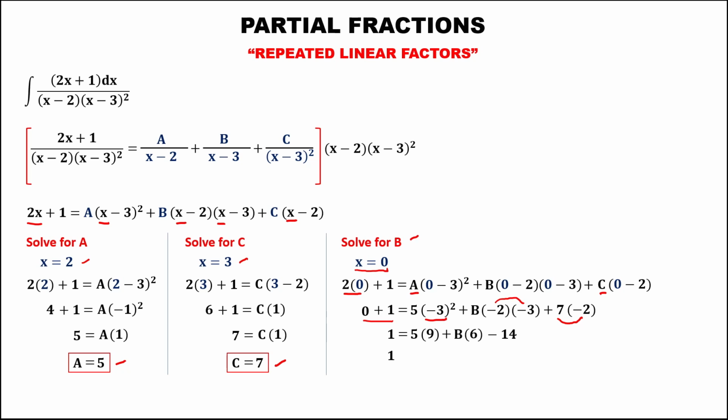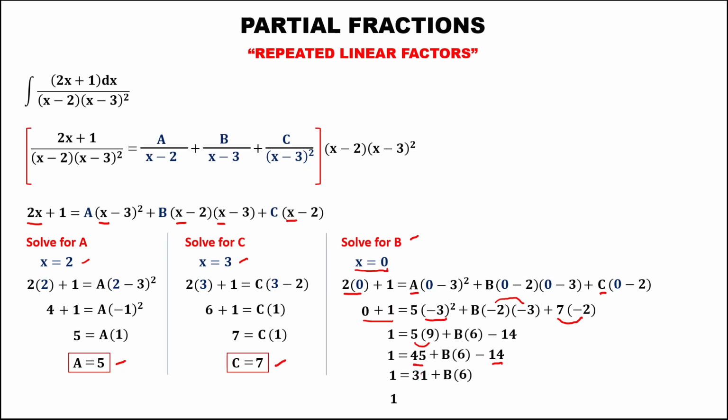Then to simplify, 5 times 9 is 45, plus b times 6 minus 14. Then 45 minus 14 is 31, so this is 31 equals b times 6.